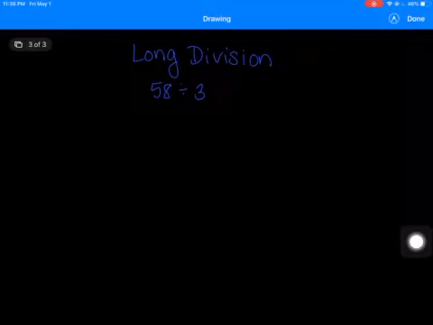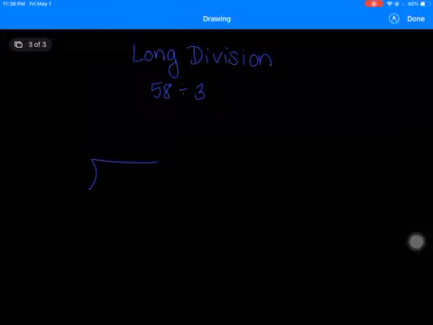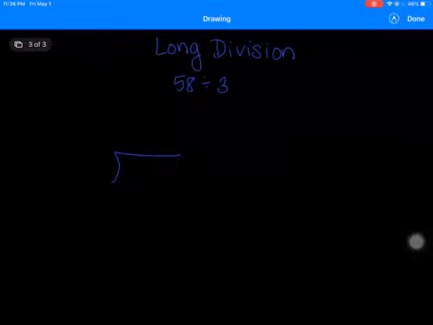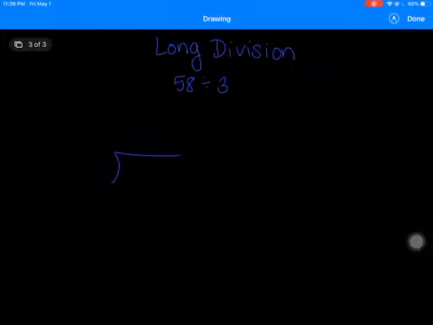So in long division, we first of all use this setup, and it doesn't actually have a formal name. It kind of looks like a parenthesis with a line across the top, and it does not have any official name. And so here's how I remember what the parts are. So the dividend, we're going to think of this like a house.